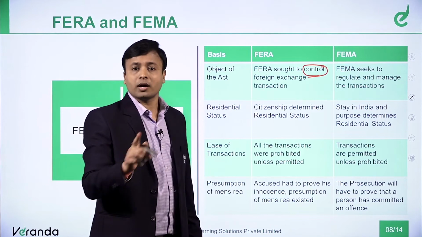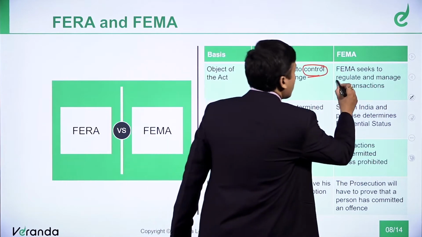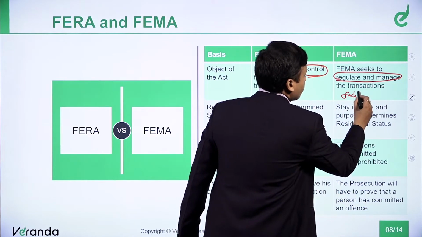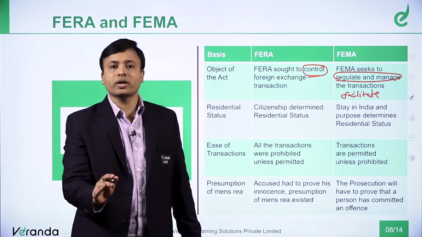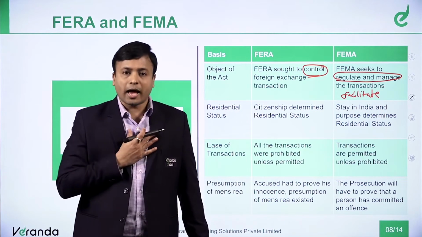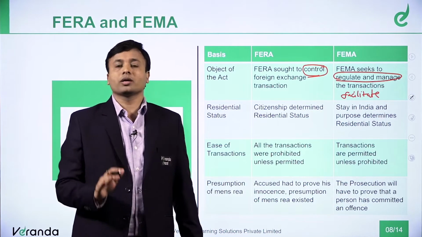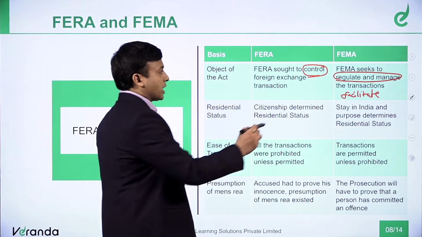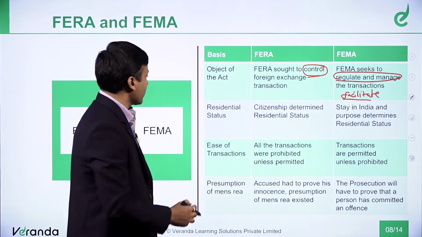However, in FEMA, the objective is not to control the foreign exchange, the objective is only to regulate and manage, or I can say it is there to facilitate the foreign exchange, meaning I will help you in managing the foreign exchange. I am there to help you. I am not here to control, I am not here to conserve, I am only here to help you in managing the foreign exchange. So that was the main objective difference of the new act.